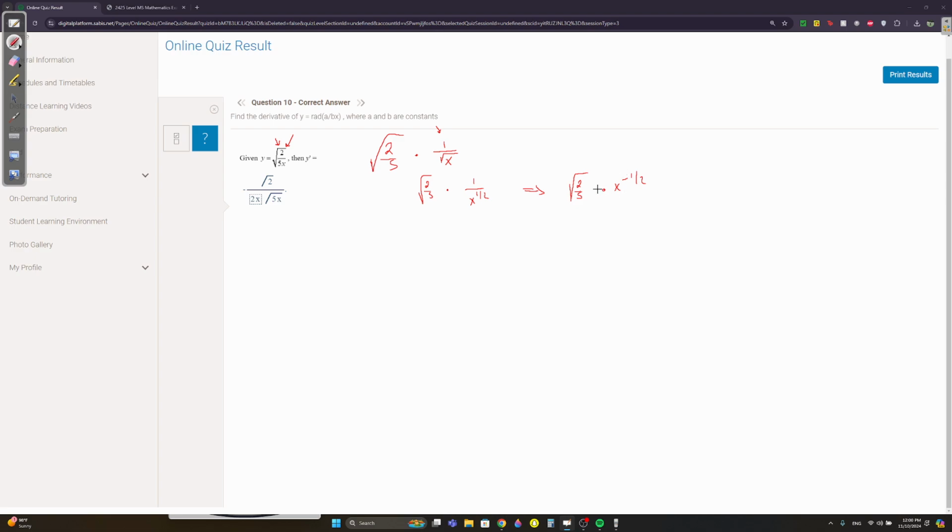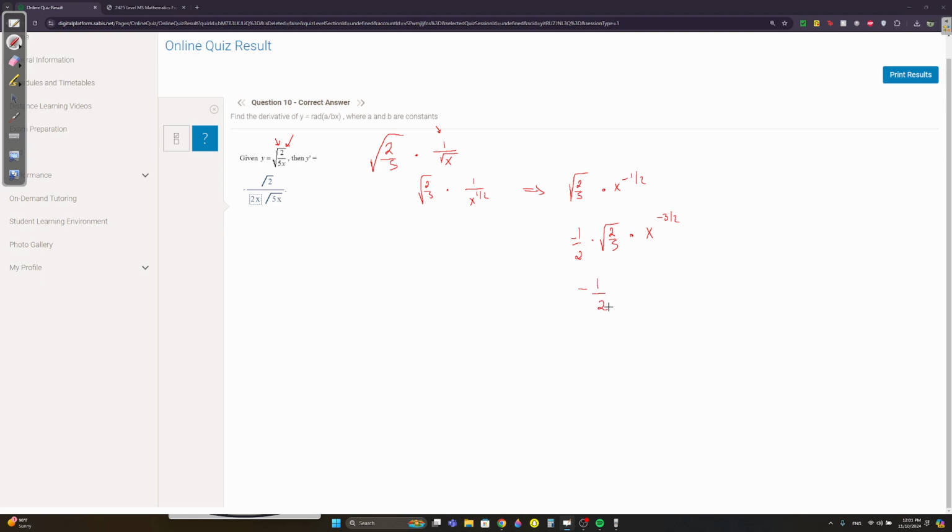Now, I can derive this easily. If you have a number times x, the derivative will be that number times the power, and then the power reduced by 1. So it's going to be minus half times radical 2 over 5 times x to the power reduced by 1, minus 3 over 2. So let's fix this up a bit.